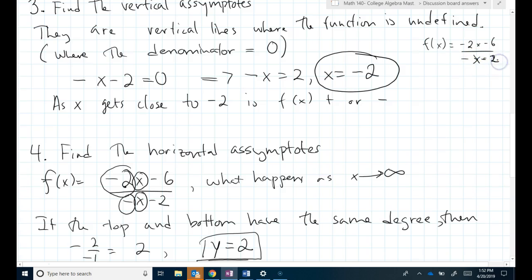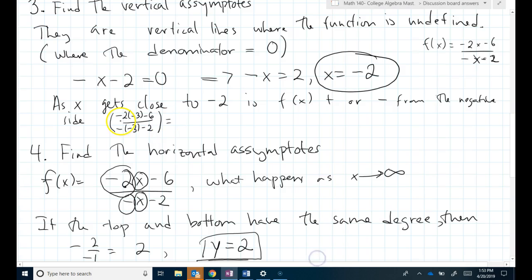All right, so as we get close to negative 2, let's start from the negative side. Like if I take negative 3, we'll give it an example: negative 2 times negative 3 minus 6 over negative 3 minus 2.